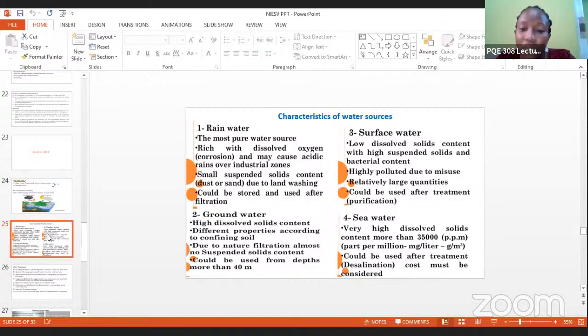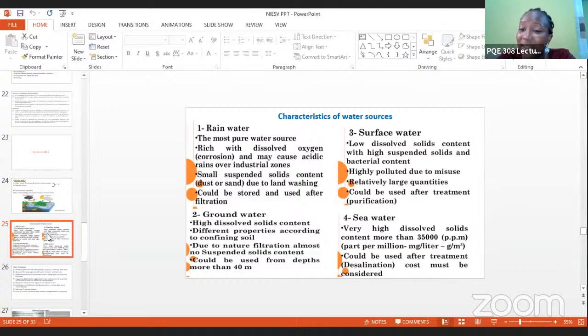And for our surface water, examples are our streams, our lakes, our rivers, our ponds. All those are examples of surface water. And of course, our seawater.